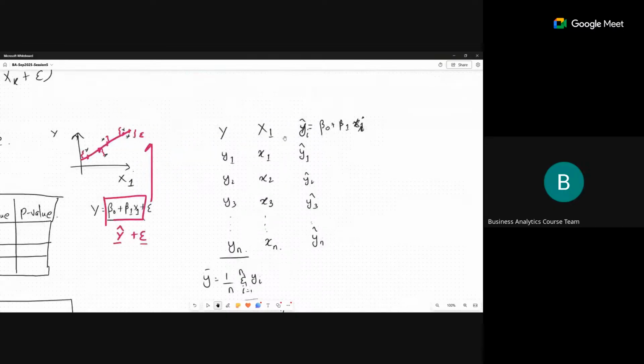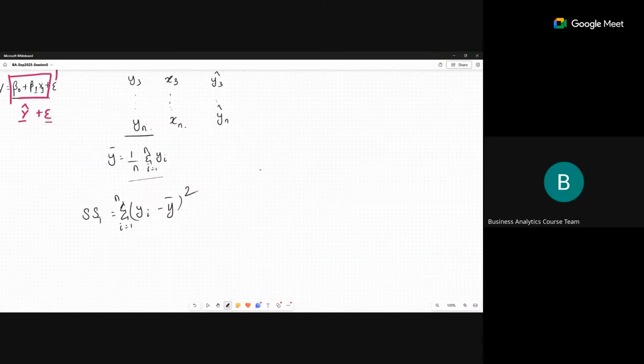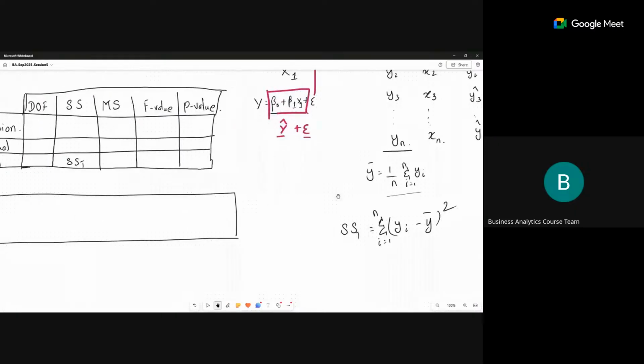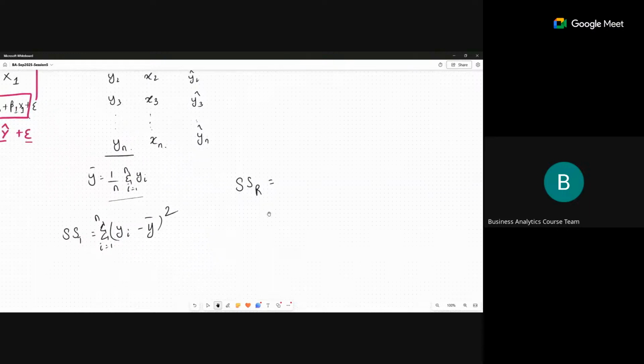Now you have fit a model and you have found the yi hats, right? So the variability captured by that is known as SSR, which is the regression. So SSR is equal to summation over i equal to 1 to n, where this yi gets replaced by yi hat, and the y bar is the same.